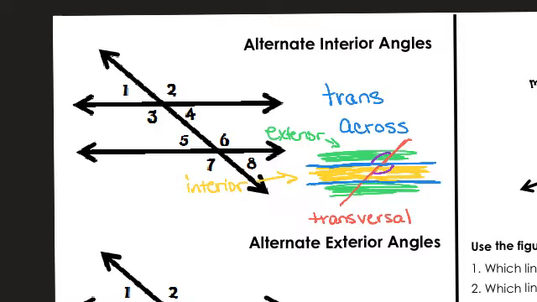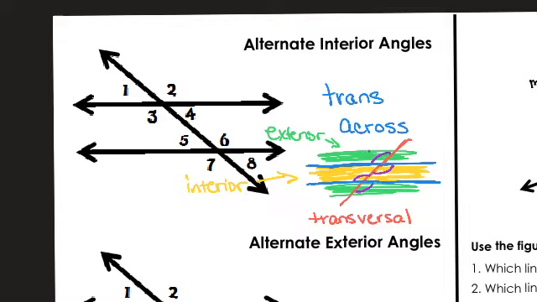These happen to be, since the two blue lines are parallel and the transversal is cutting across the same way, all four of these angles, 1, 2, 3, 4, all have the same measurement. They're vertical angles that have the same measurement.